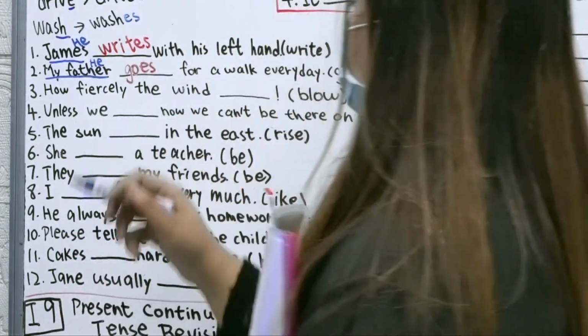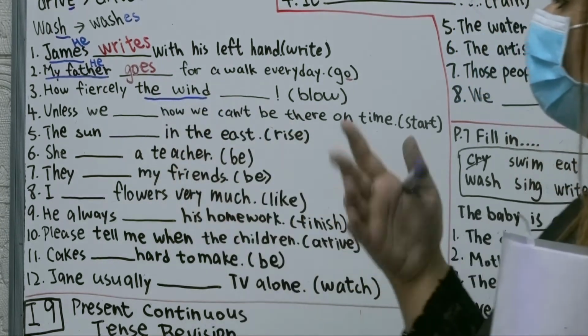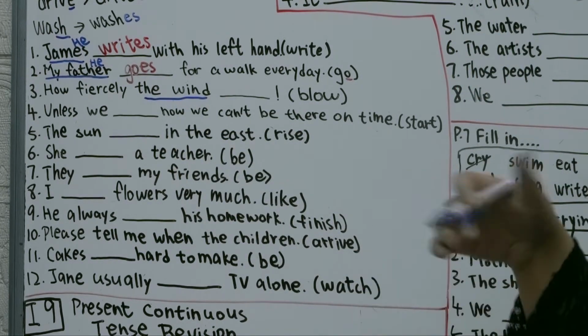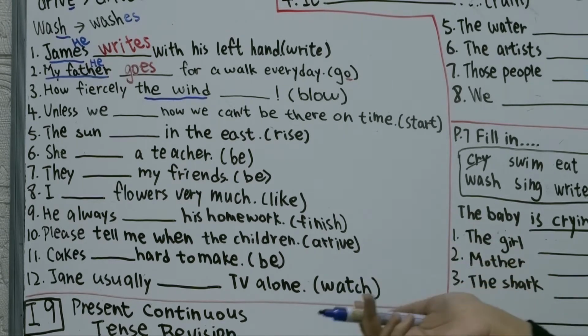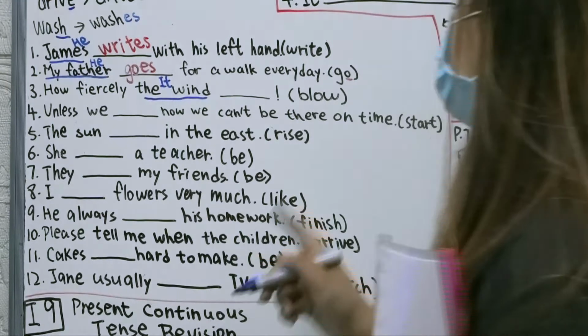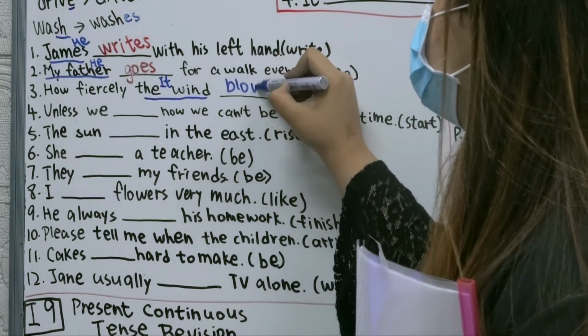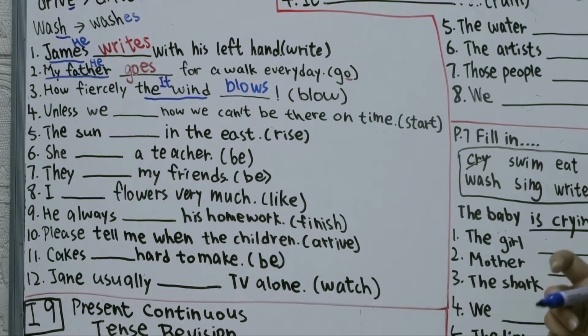Very good. The subject here is the wind, right? Wind is not a person. It is a natural thing. So we use it, and we have to change the verb. Blow becomes blows. Read the word: blow, blows.